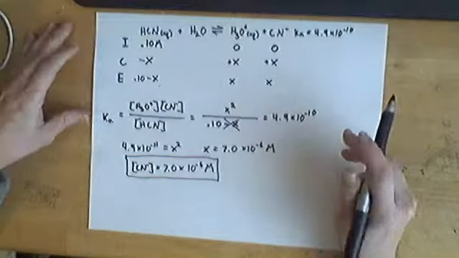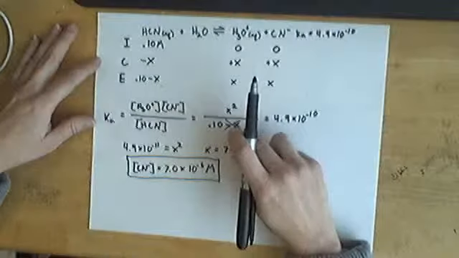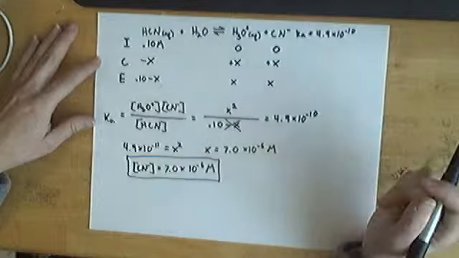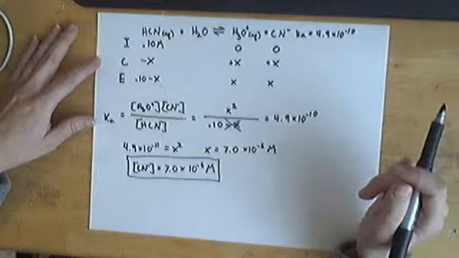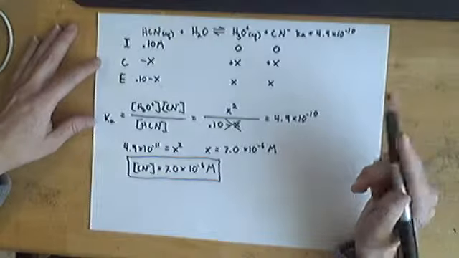And what the 5% rule says is that if the amount of x is less than 5% of what it's being subtracted from, then the amount of error is acceptable and the assumption was valid. You could disregard x. Okay?